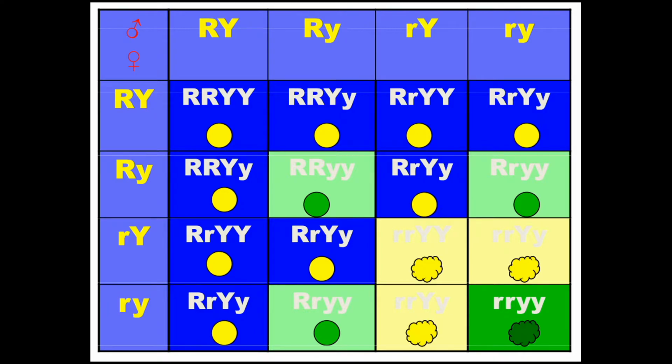Among F2 plants, one was capital R, capital R, capital Y, capital Y and one was small r, small r, small y, small y. That is, the first one is pure dominant and the last one is recessive.